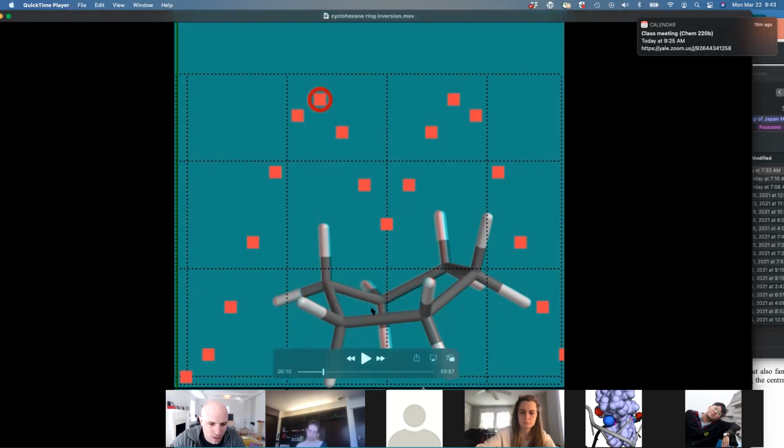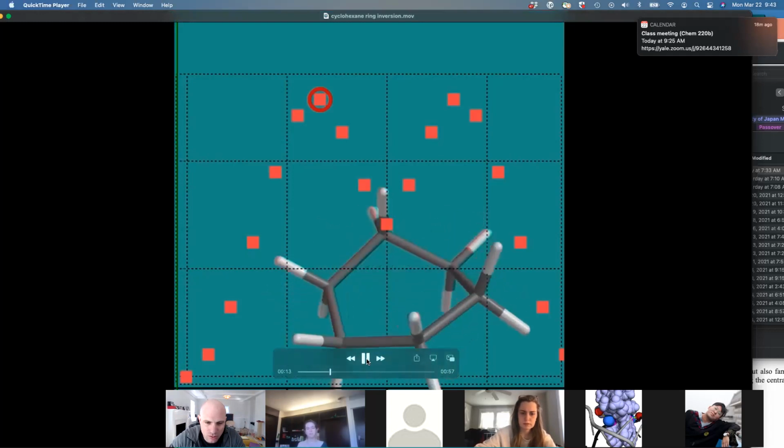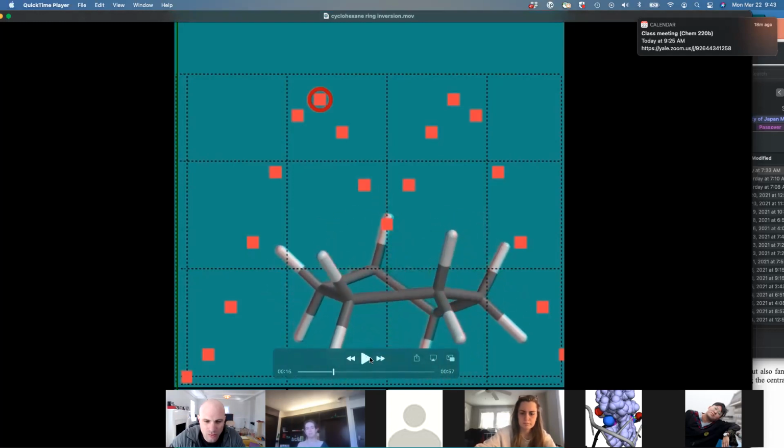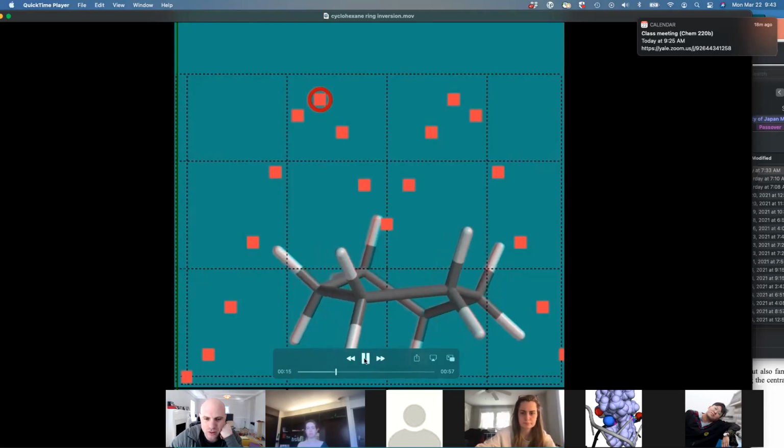And I spend a second on this because I want you to see it reasonably well. So in the half chair, there are 5 atoms that aren't perfectly coplanar, but they're close. So here, here, here, here, and the carbon in the back, okay?